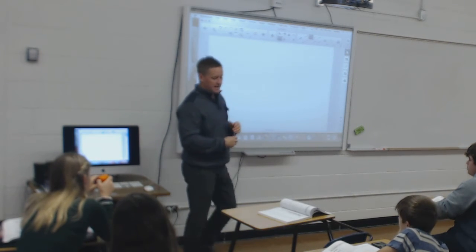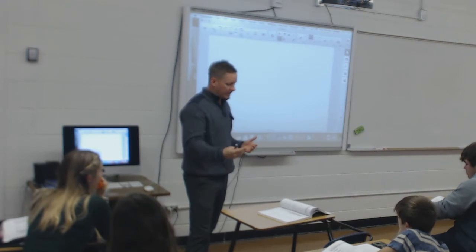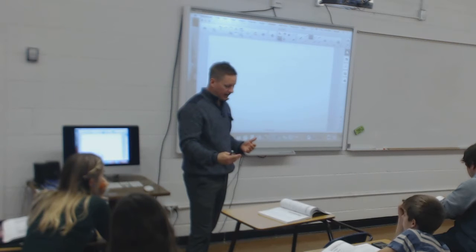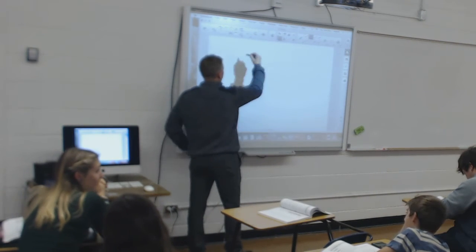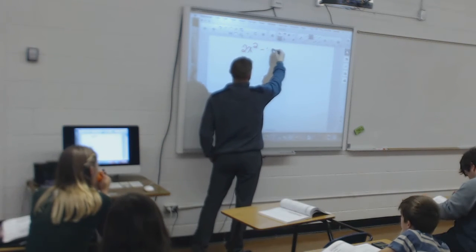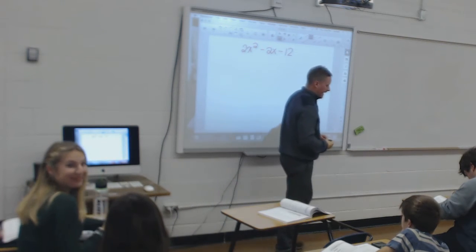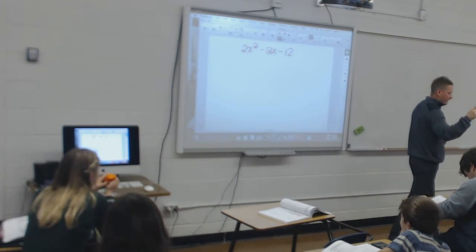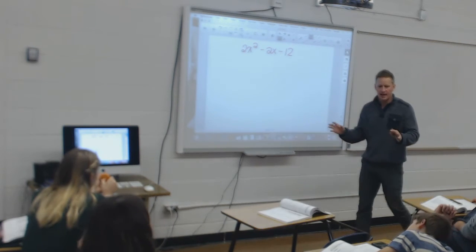Alright. Now, I need to show you two more examples in which I'm going to just change the question a little bit. Now there is a value that is not 1 in front of the x squared, so I can't use two sets of brackets yet.